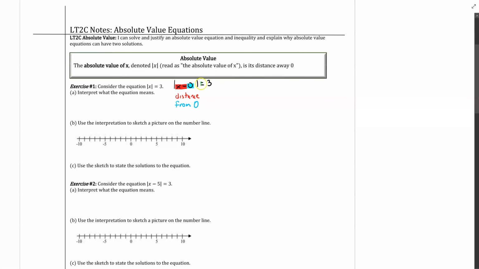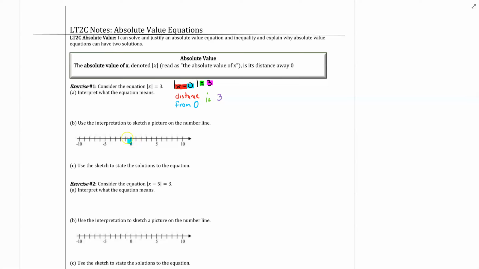The equal sign tells us what the distance is, and then the 3 tells us the value of the distance. It's 3. So we have the distance from 0 is 3. So if we're starting at 0, what points are 3 away?